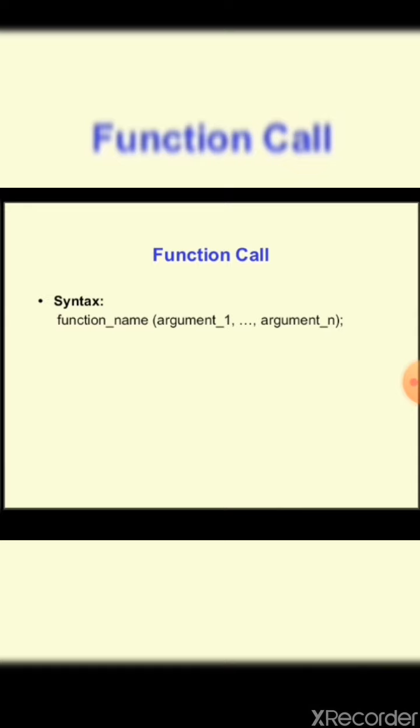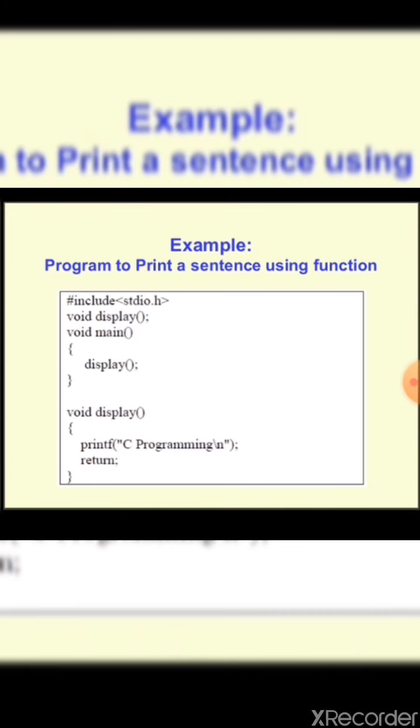Let us take one example. Consider a program to print a sentence. We already studied this as the hello world program, where one printf statement is written inside main only. Now I want to implement the same thing using functions. Here I am writing one function whose name is display.